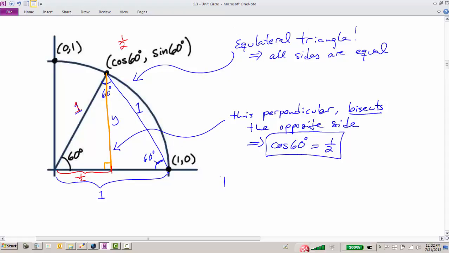Pythagoras. Pythagoras tells us that 1/2 squared plus y squared is equal to the square of the hypotenuse, is equal to 1 squared. 1/2 squared, 1/2 times 1/2 is 1/4, plus y squared is equal to 1 squared, which is 1.